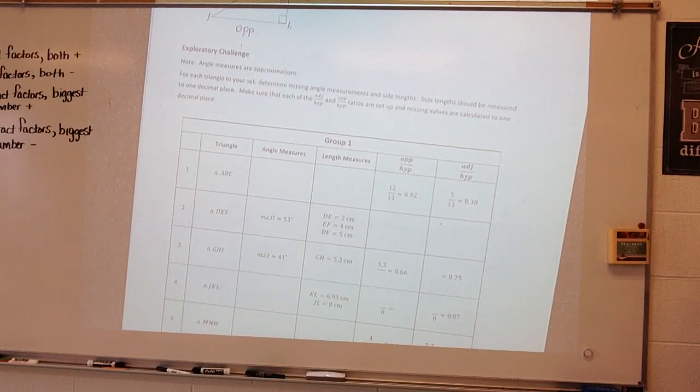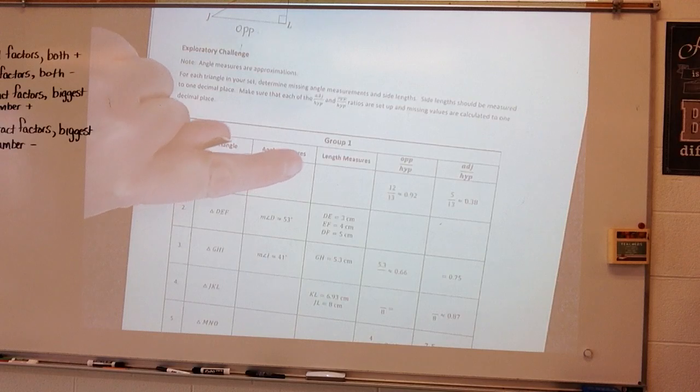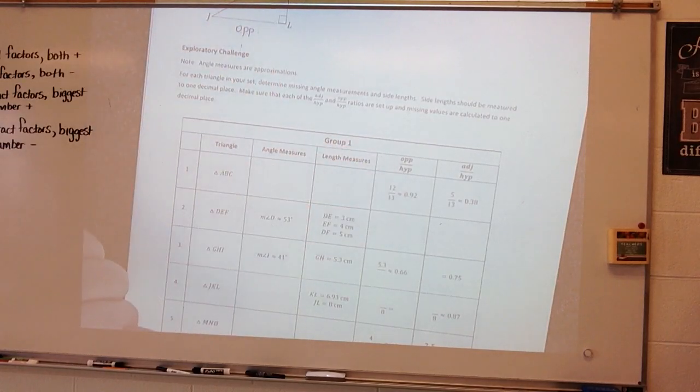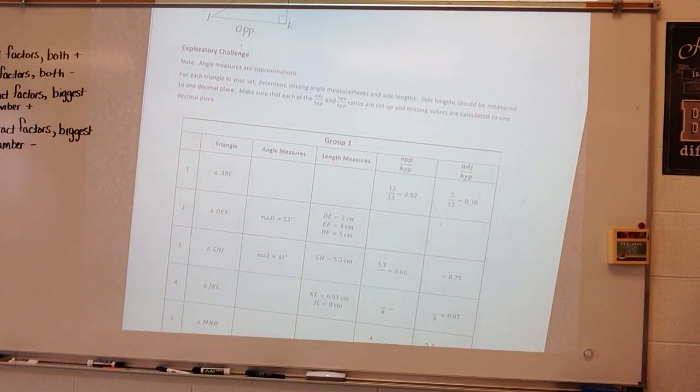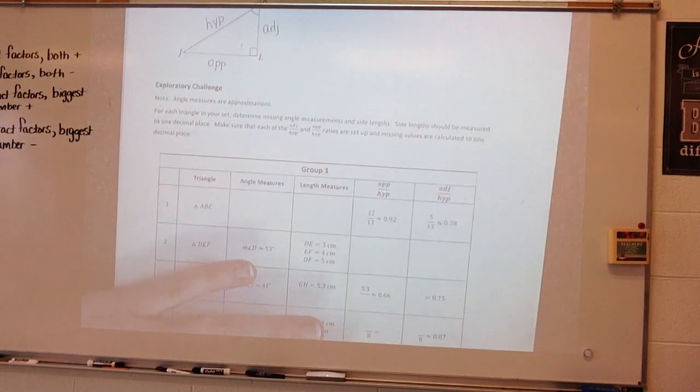So, let's talk about how we can figure this out. I'm given my opposite over hypotenuse, and I'm given my adjacent over hypotenuse. So we can kind of draw this out.